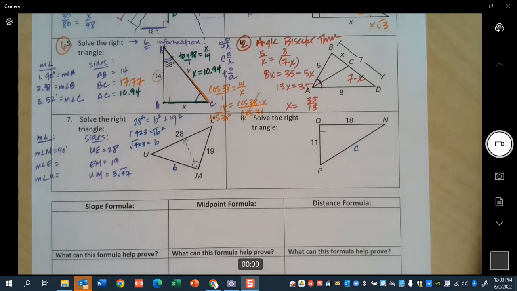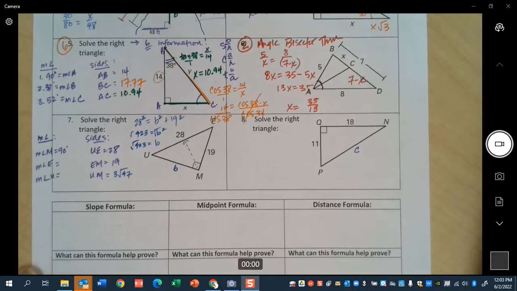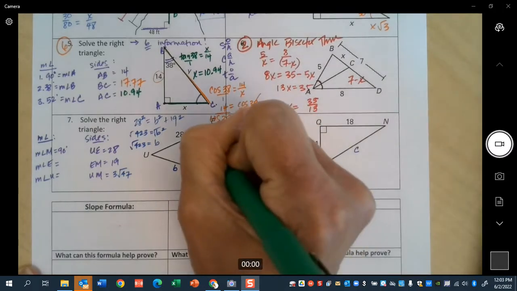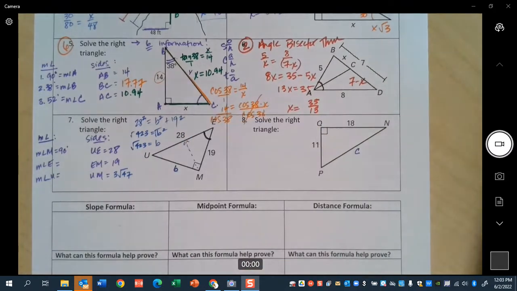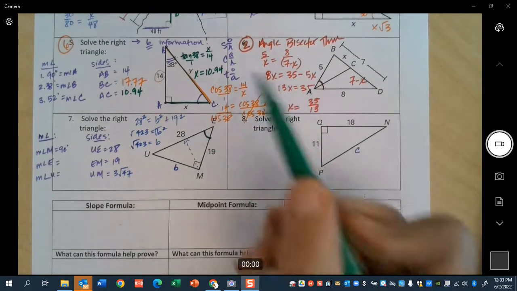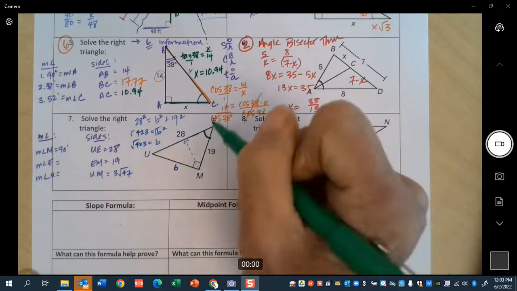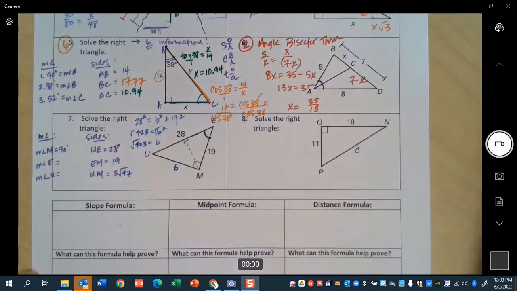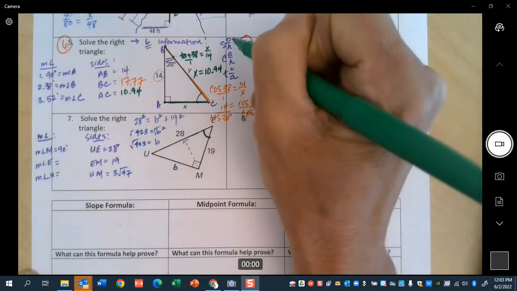Now I got to do some angle work. What do you want to do first? U or E? E, I heard. All right. What side am I not going to be using in my calculations? Yeah, I'm not going to use that radical one. No thanks. So if I want to know the angle whose measure, I have my hypotenuse and my adjacent. Which trig ratio is that?